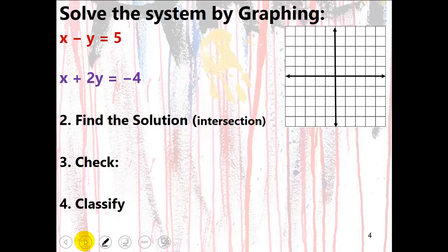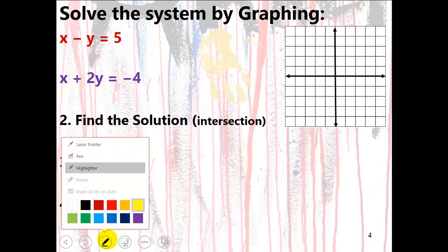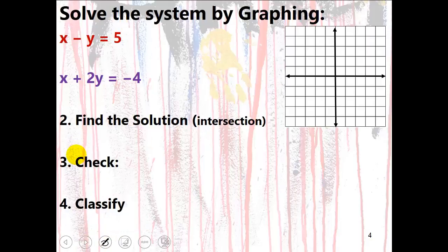All right, so let's start with this one. We've seen this equation before. I'm going to find my y-intercept. It's (0, -5). My slope is 1. It's -1 over -1. Let me do it this way just so that I don't skip any steps. It's the opposite of a over b, just like we learned before.